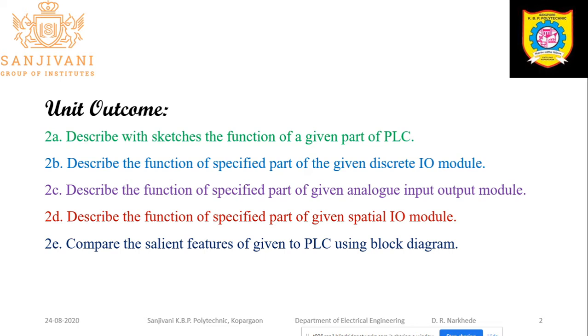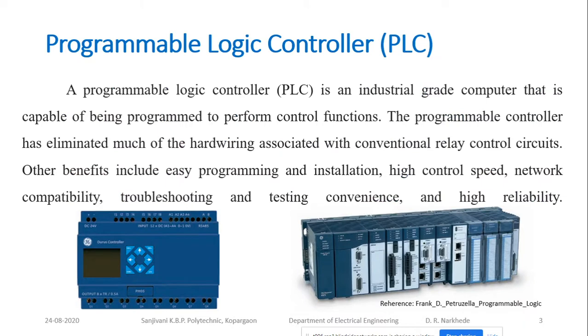What is the difference between those PLCs, which PLC is used for which applications, and how to select a particular PLC? We will discuss that based on the features of the various PLCs, and then we are going to classify the PLC.